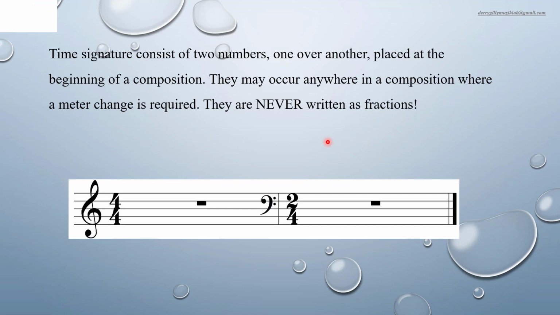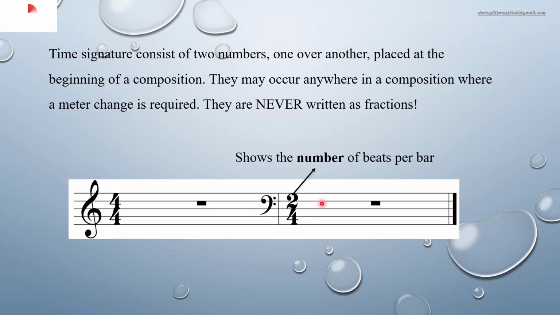So you can see that the time signature is written just after the clef. And as we said, they consist of two numbers, the upper number and then the lower number, and it may occur anywhere in the composition where a meter change is required.